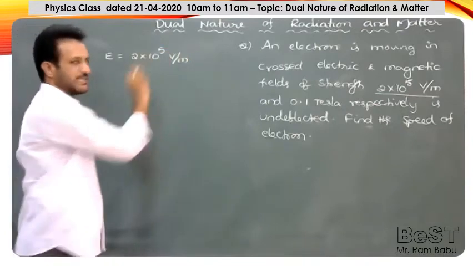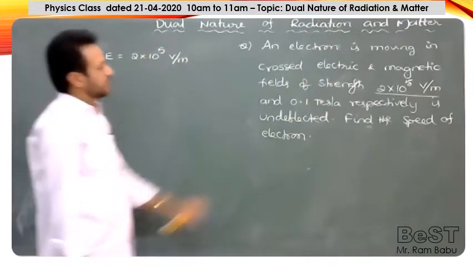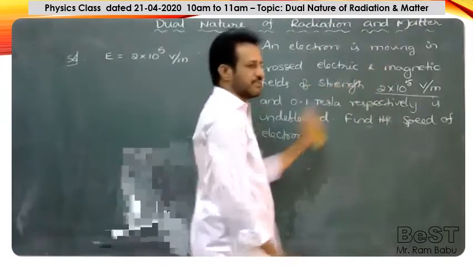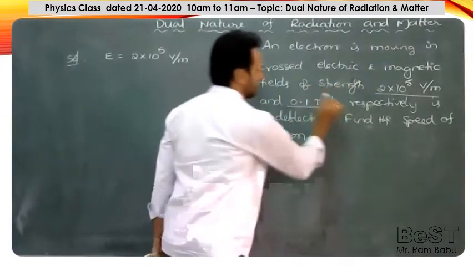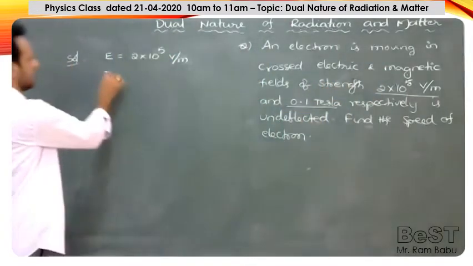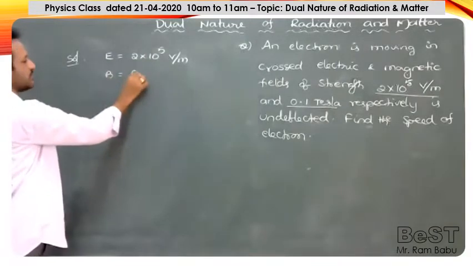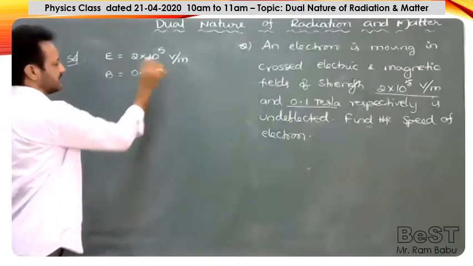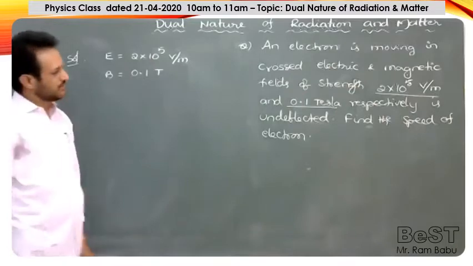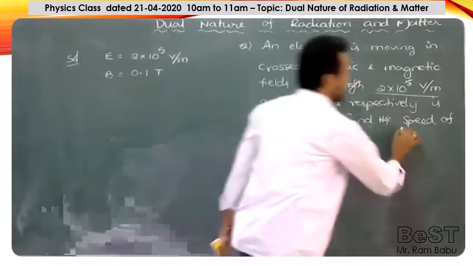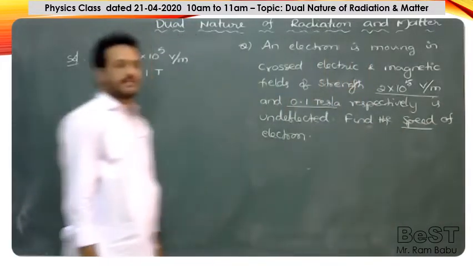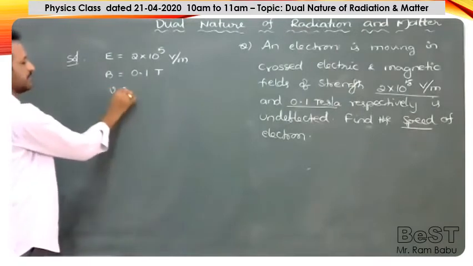And the strength of the magnetic field is given as 0.1 Tesla, so B is equal to 0.1 Tesla. Now the question: find the speed of the electron. So you should calculate the speed, I am using the symbol small v, question mark.